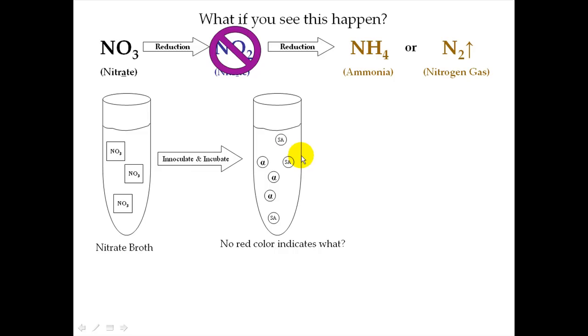To figure out which one of those two reasons caused the lack of nitrites, if you see no red color after adding the sulfanilic acid and the alpha-naphthylamine, you have to do one additional step to let you know which of these two possibilities occurred. So here's what we mean by that.